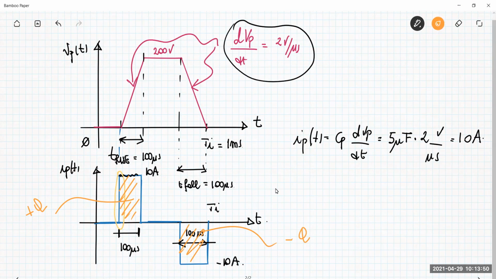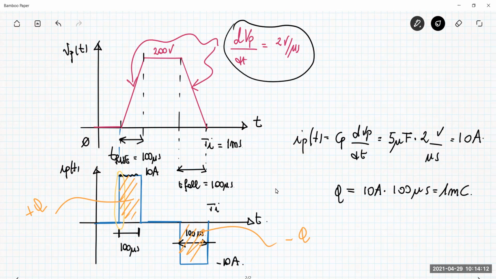Okay, this charge is, let's say, 10 amp multiplied by microsecond, so it is 1 millicoulomb. This charge here is positive because I'm providing charge to the capacitor in order to make it possible for the voltage across the capacitor to rise from 0 to 200 volt.